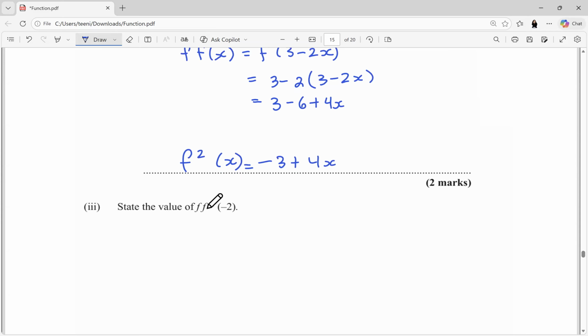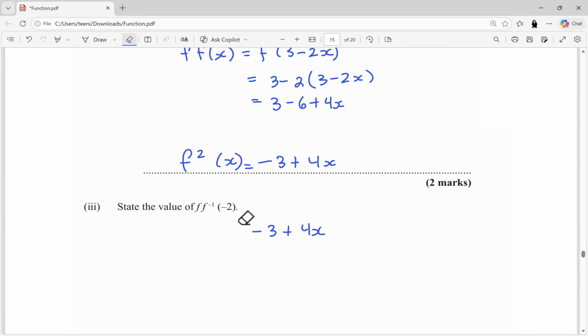State the value of f inverse of negative 2. So to find f of f inverse, you have to find the inverse of this, right? So f of x is equal to negative 3 plus 4x. So, oh, actually, guys, hold on. Wait a minute.